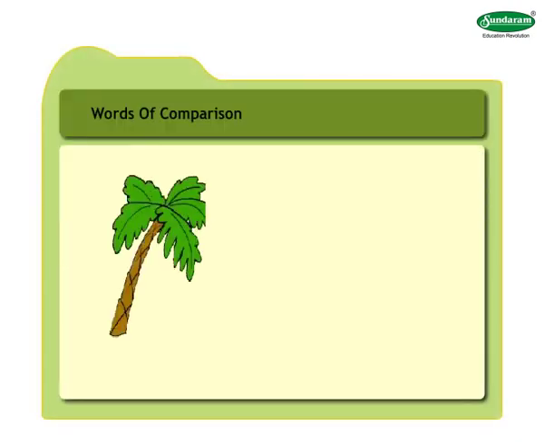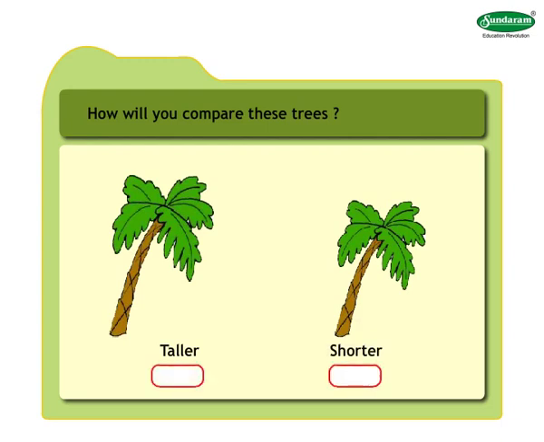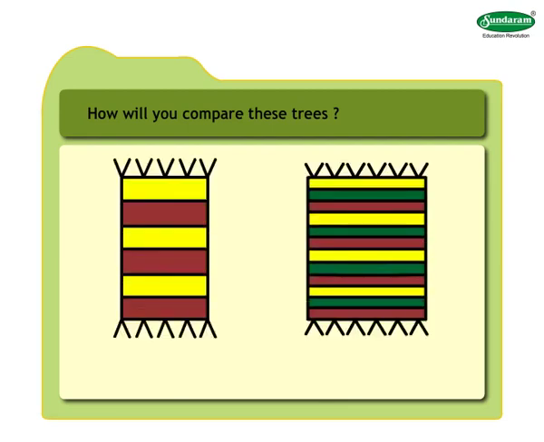See the two trees shown alongside. How will you compare these trees? You will say that one tree is taller and the other is a shorter one. Let us put one dot below the shorter tree and two dots below the taller tree. Look at the mats shown alongside.